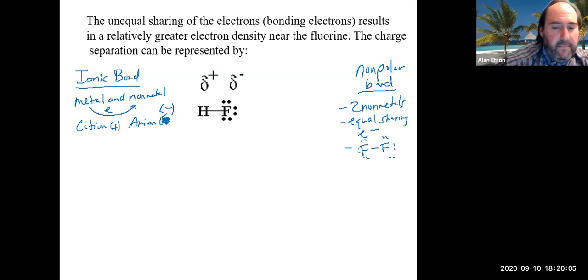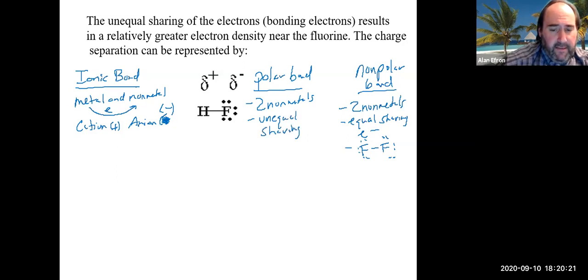And sort of in the middle is a polar bond. And a polar bond is also between two nonmetals, and we have also sharing of electrons, but the sharing is unequal. And an example of that would be like HF here.